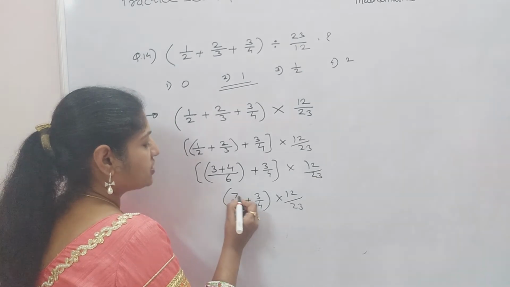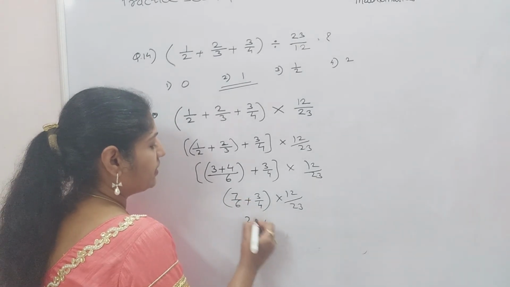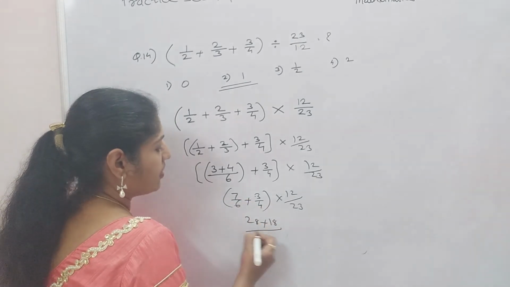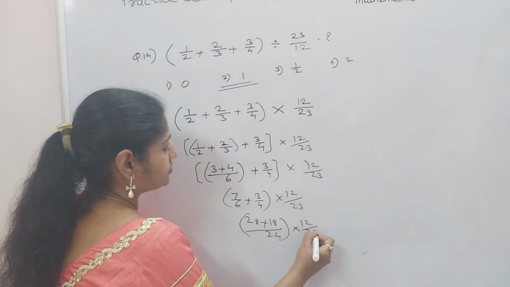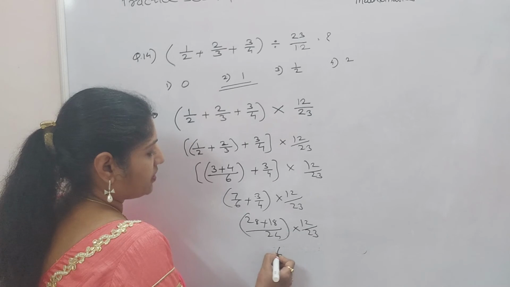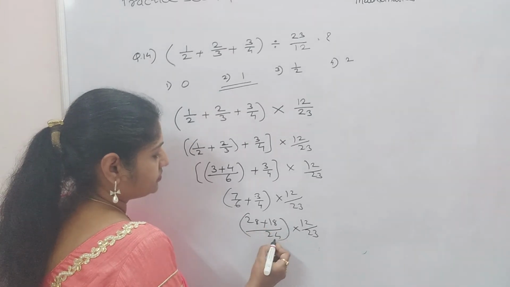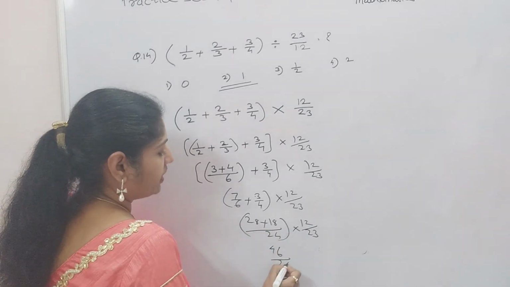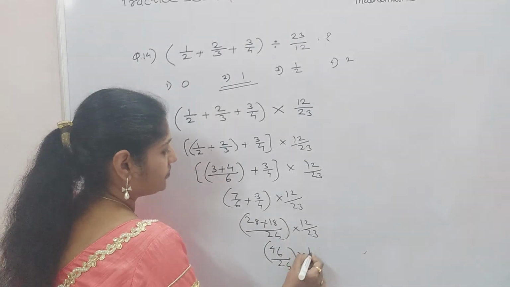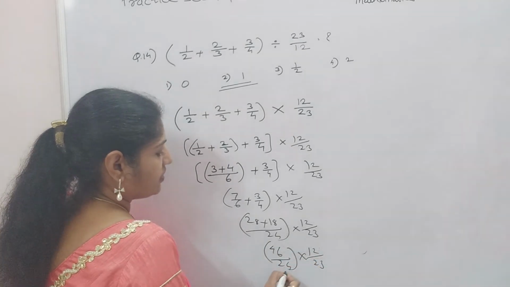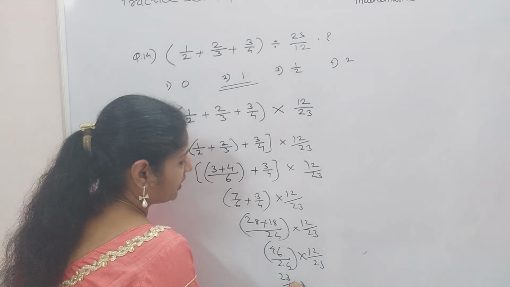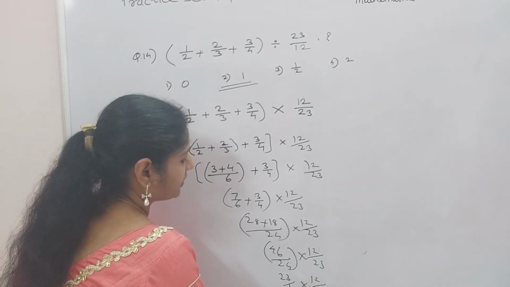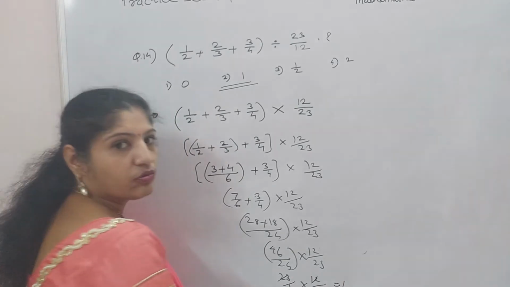Cross multiplication: 7 4s are 28 plus 6 3s are 18, upon 24. That is 46 upon 24. Divide by 2: 23 upon 12 into 12 upon 23. Now cut this, the answer is 1.